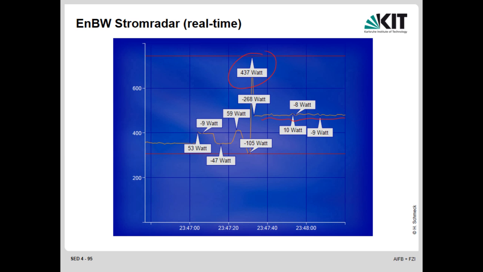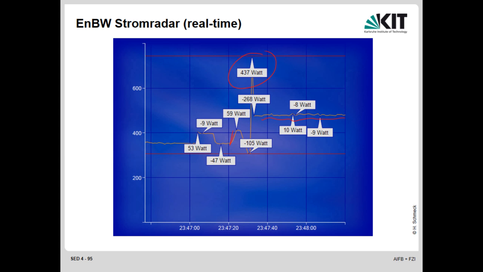But you can see quite well what's going on here. Here we have a 59 watt jump, maybe some light has been switched on or whatever. So this is a very nice system or software which can be used inside the house.